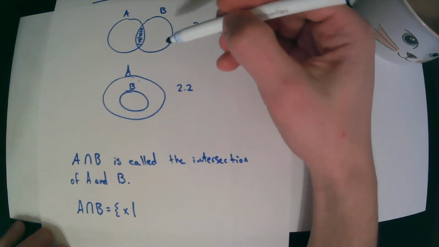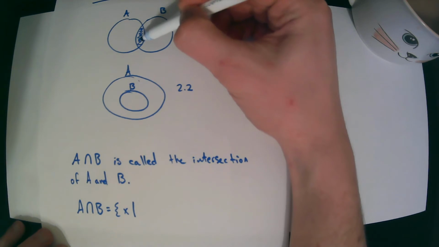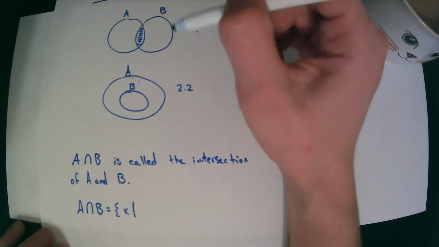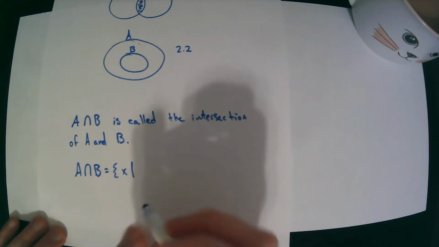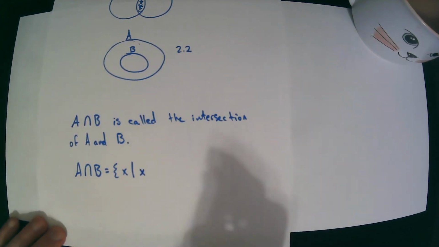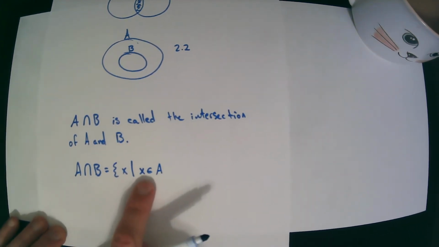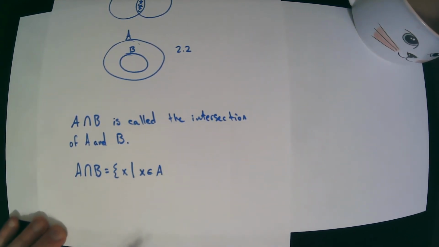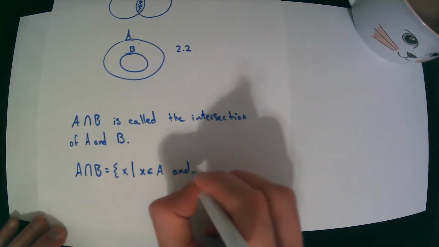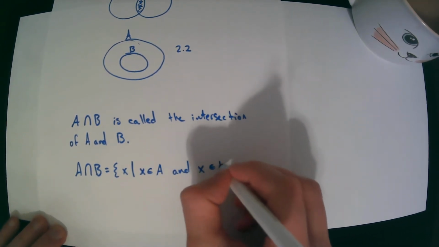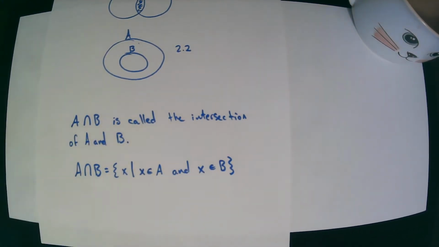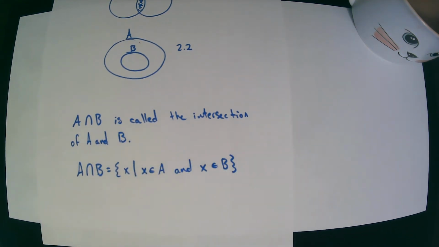I would say it's things that are in A and things that are in B, things that are in both A and B. So we're going to use our symbols from 2.1. X is in A, so remember that little symbol, almost like a backwards 3, sort of. X is in A, and X is in B. That is the set builder notation for this intersection.